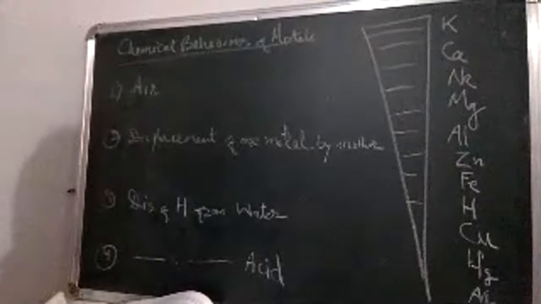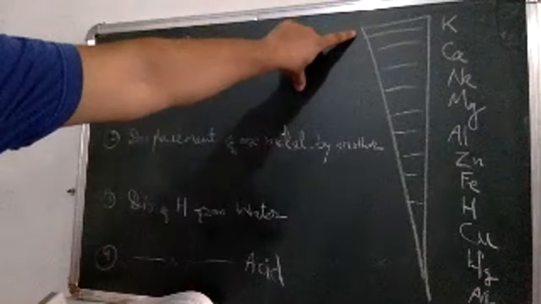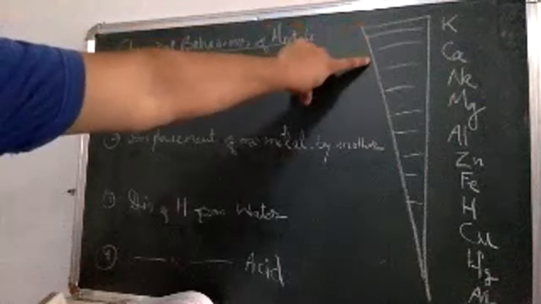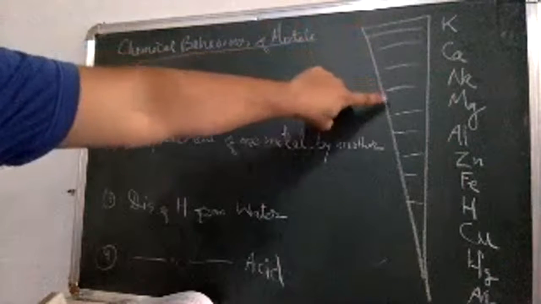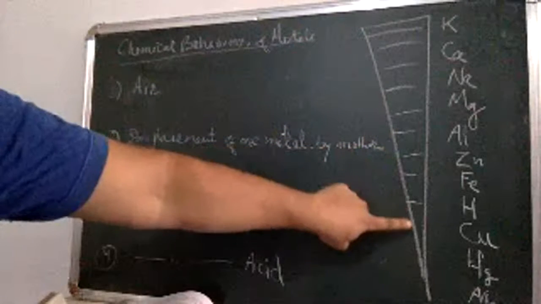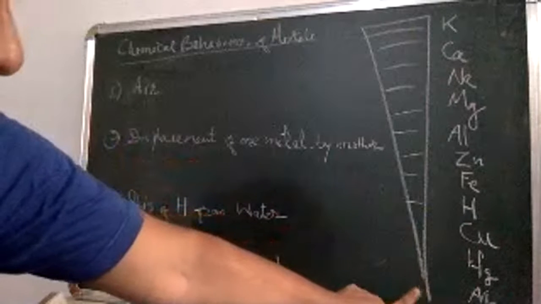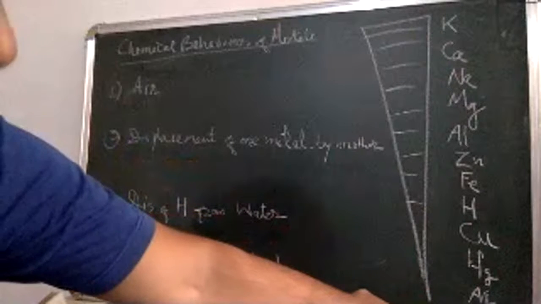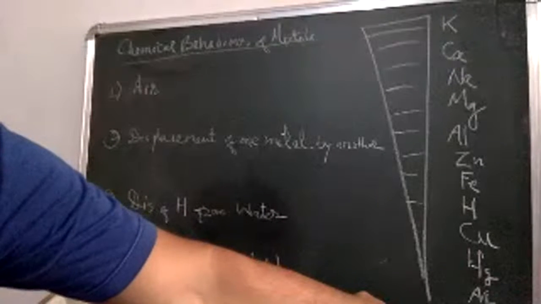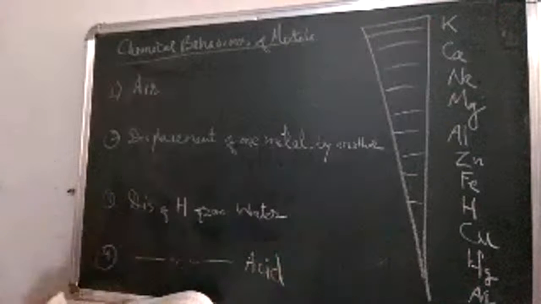If you see, this is the highest active metal, that is potassium. Then the second most active is calcium, then sodium, magnesium, aluminum, zinc, iron, hydrogen, copper, mercury, silver and gold. Gold is a very inactive metal which does not interact chemically with other things very easily.